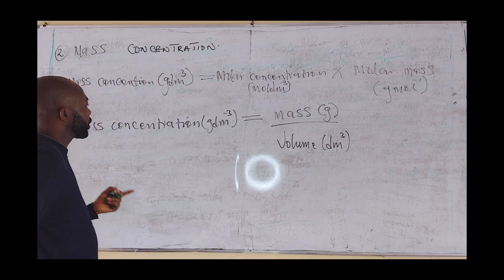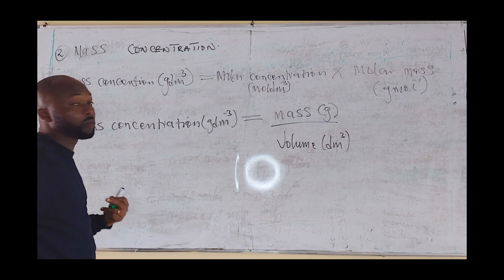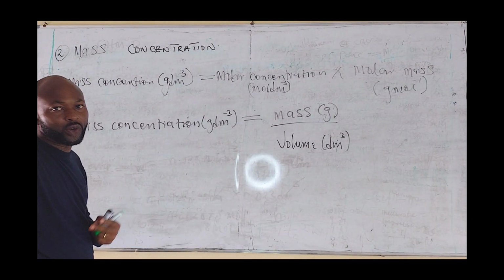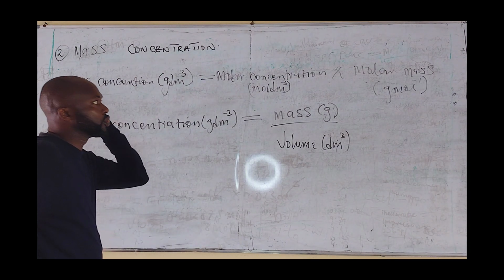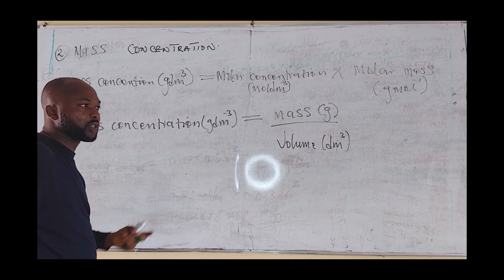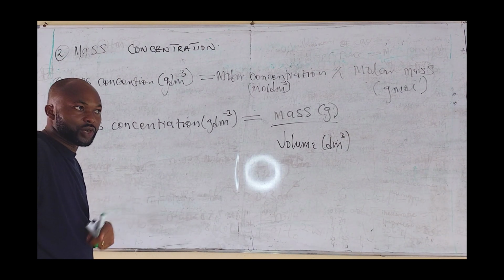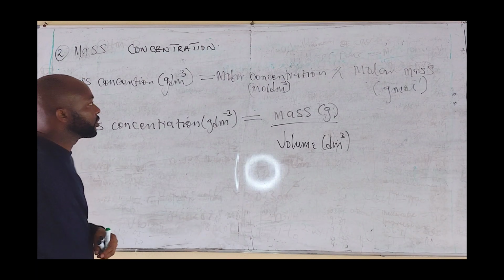So for mass concentration, I think these are the two major formulas which we can use or remember. When any question is given to us about mass concentration, your mind should go quickly to these two. With the knowledge of this, you can easily understand which of them you're going to use in relation to the question that will be given to you.